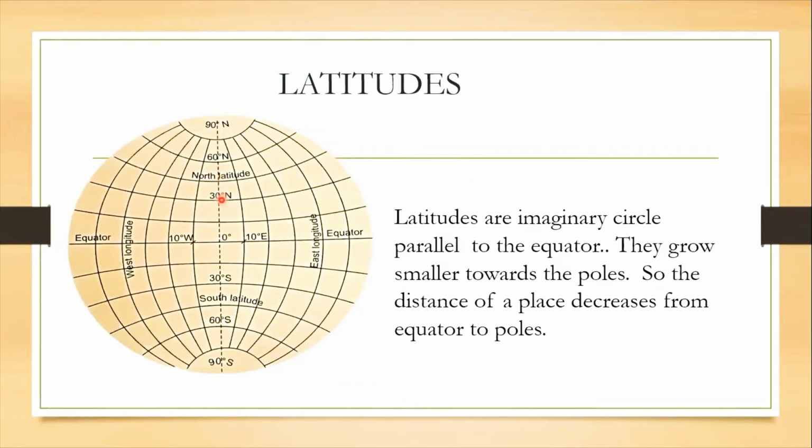They grow smaller towards the poles. So the distance of a place decreases from equator to poles. That means the distance of a place near to the equator is larger than near the poles.